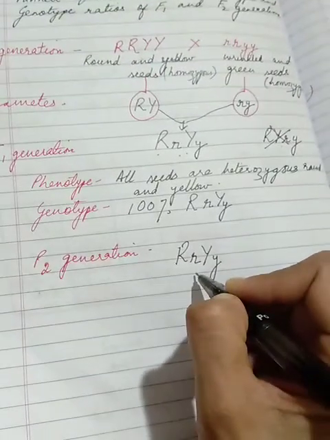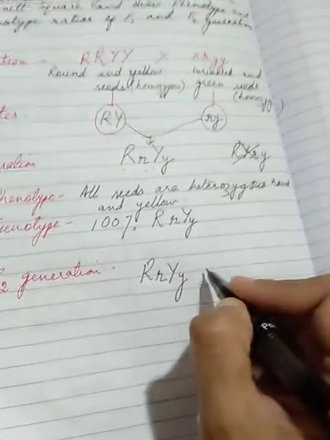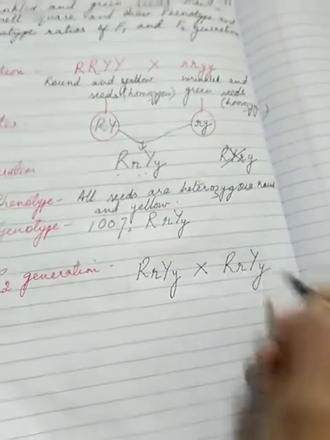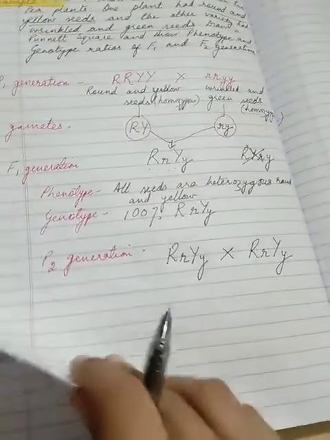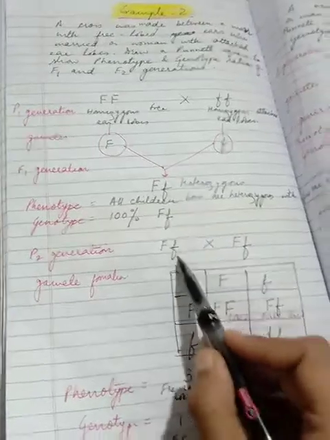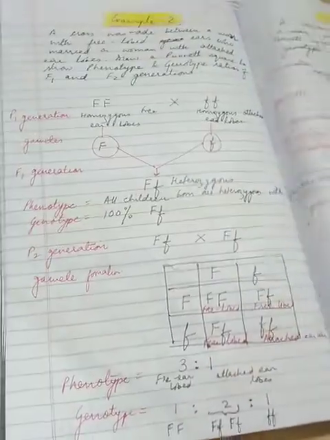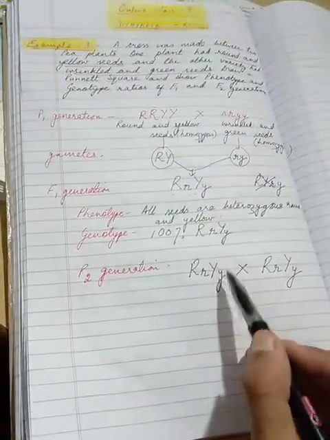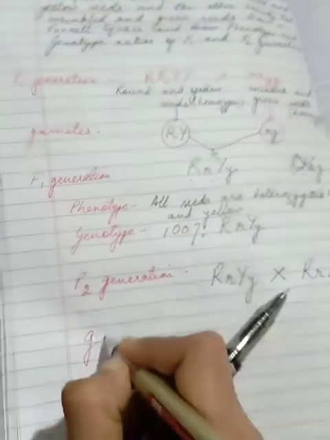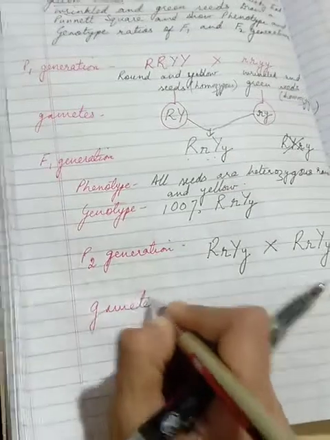Capital R, small r, capital Y and small y, into same. Right? So like previous, this is the same thing like the previous one, only the children that were born in F1 were being self-crossed. Here also the children being born in F1 are being self-crossed. And now the next step, that is formation of gametes.